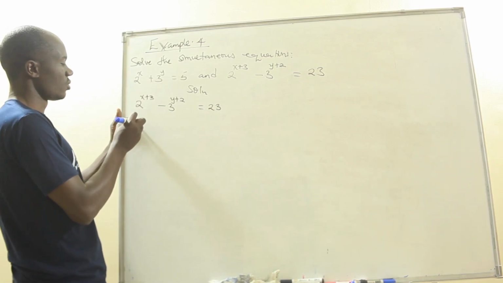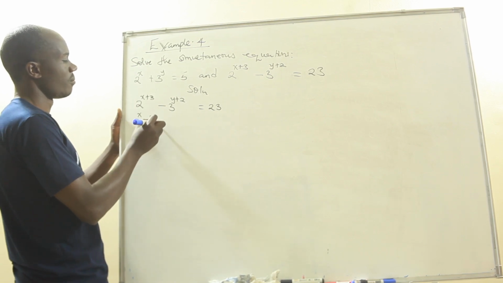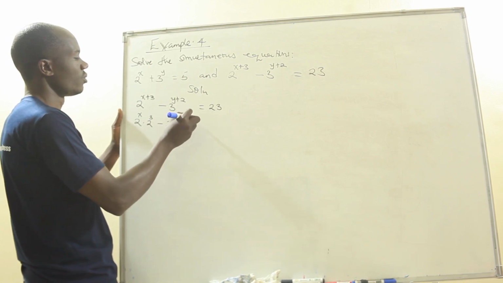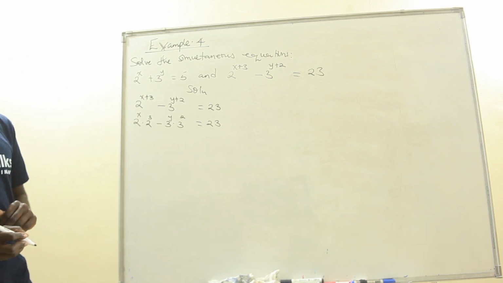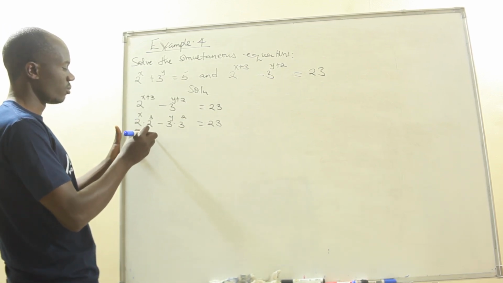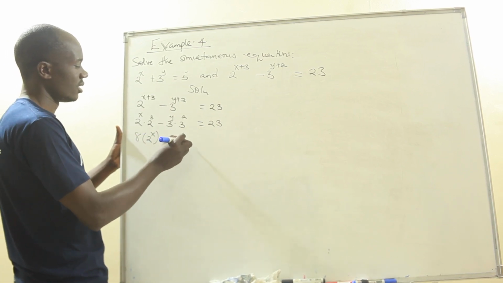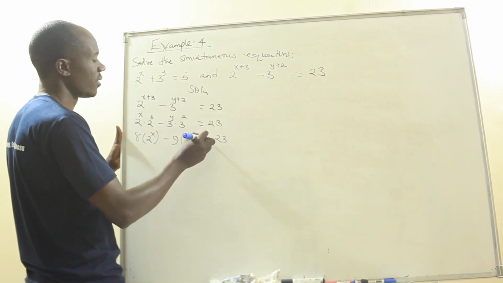So this is the same as 2 power x times 2 power 3 minus 3 power y times 3 power 2 equals 23. 2 power 3 is the same as 8. So this is the same as 8 into 2 power x minus 9 into 3 power y equals 23.